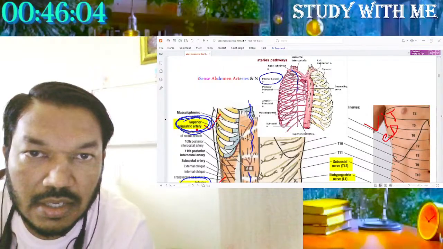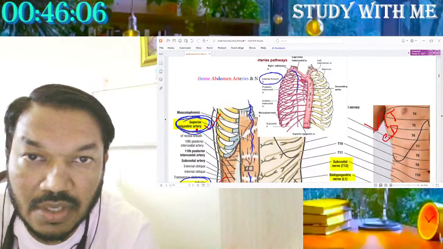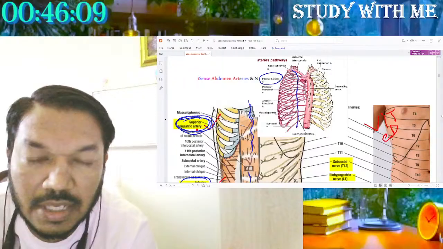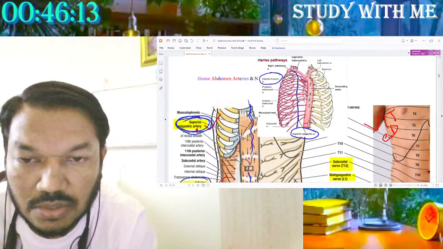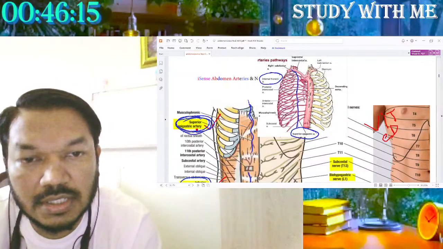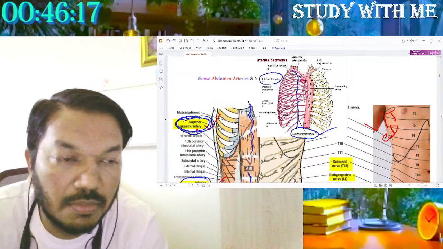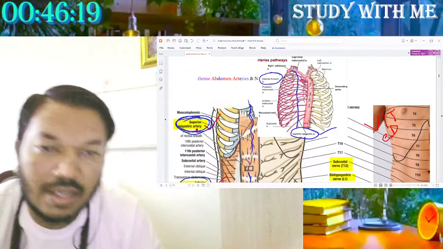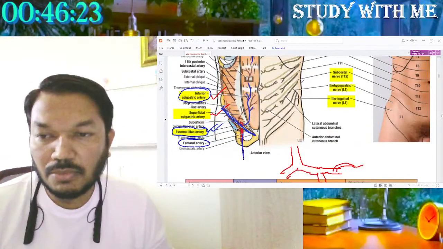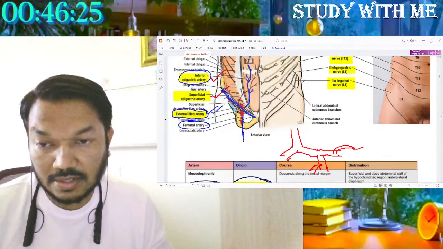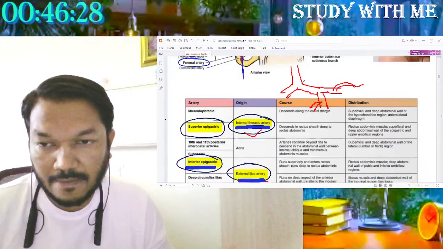Internal thoracic artery, it is coming from the subclavian artery, and it is giving supply inside the thorax, and from there we are getting superior epigastric artery. So conclusion, superior epigastric artery comes from internal thoracic artery, and inferior epigastric artery comes from external iliac artery.